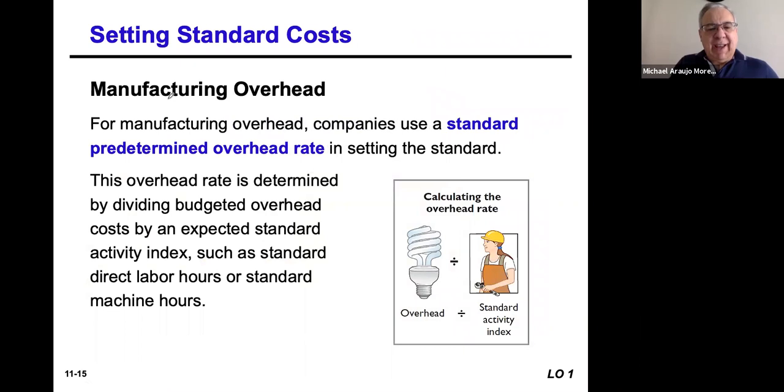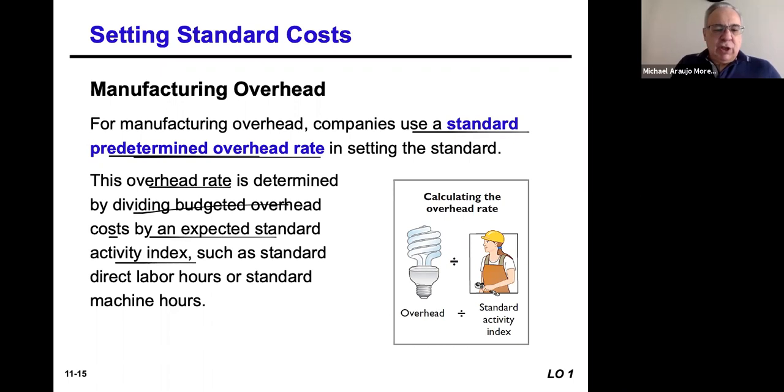For overhead, in this case they simply use what's called a standard predetermined overhead rate. Again, the overhead rate usually is dividing the budgeted overhead costs by whatever the standard activity index is, such as labor hours or machine hours.